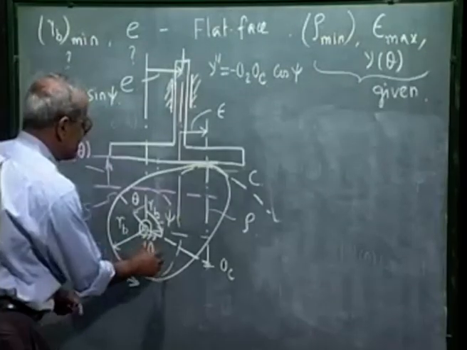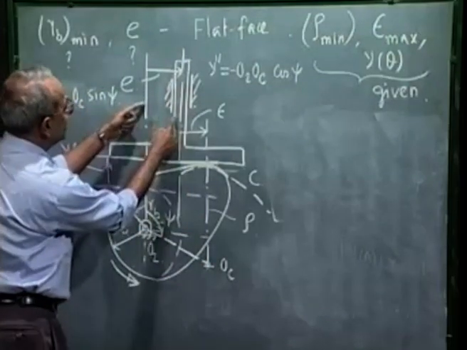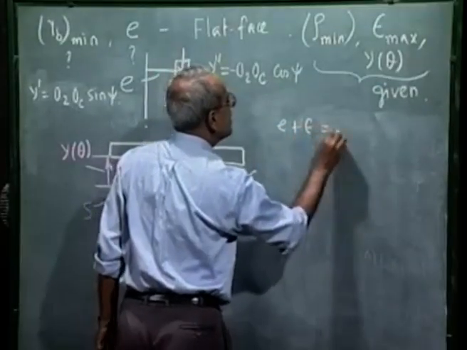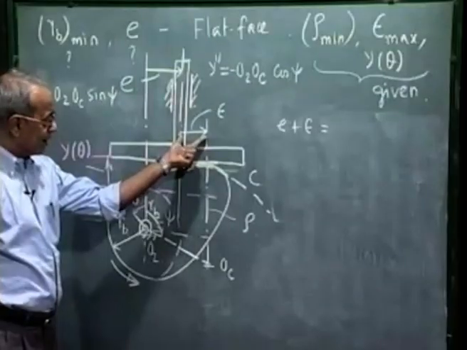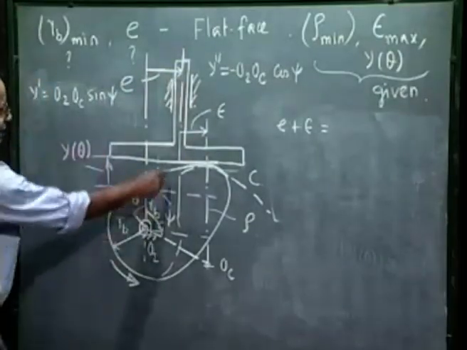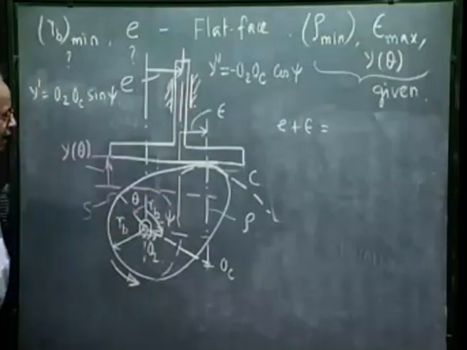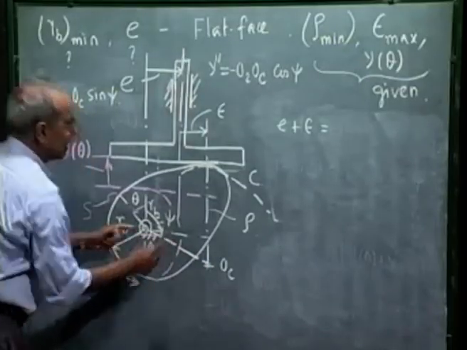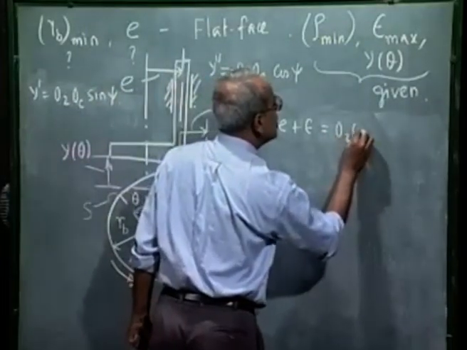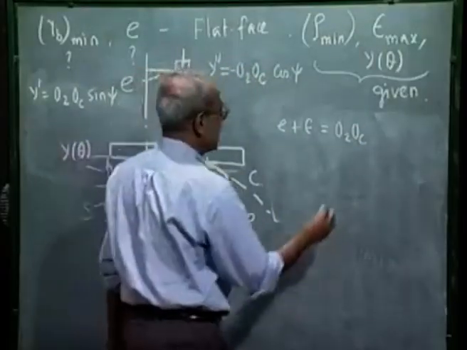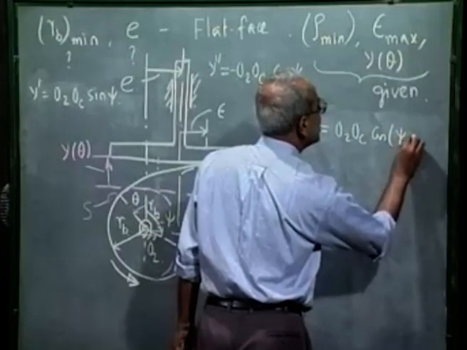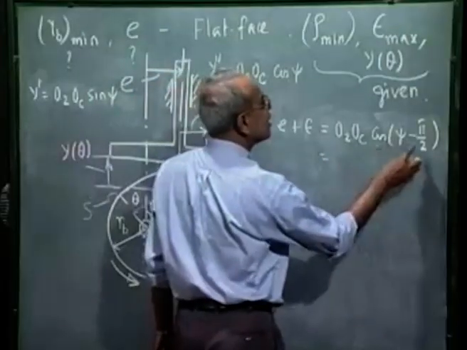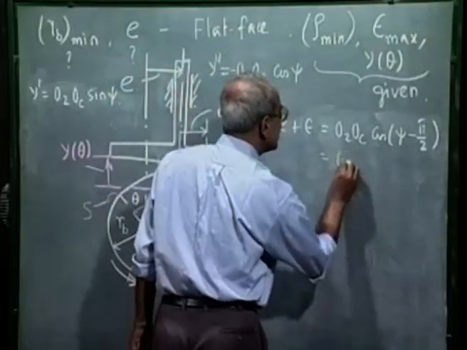This we already had. And let us calculate this horizontal distance, which is E plus epsilon. What is E plus epsilon? Where epsilon is the eccentricity of the driving effort, E is the offset, the distance of the follower axis from the camshaft. That is O2 OC cosine of this angle, which is cosine of psi minus pi by 2, which is same as cosine of pi by 2 minus psi, which is same as sin psi.